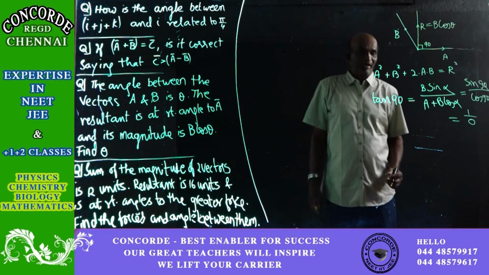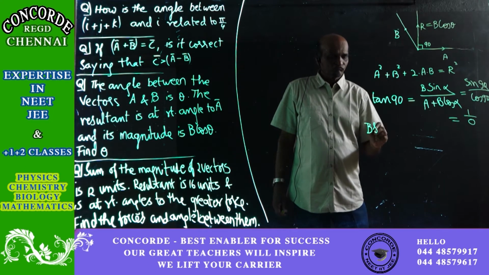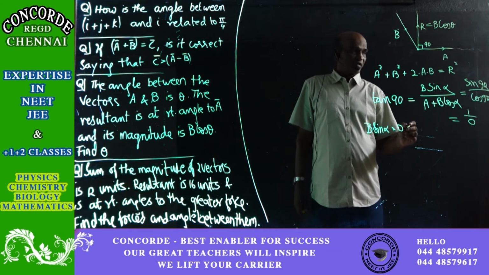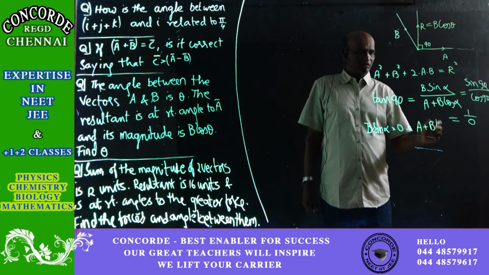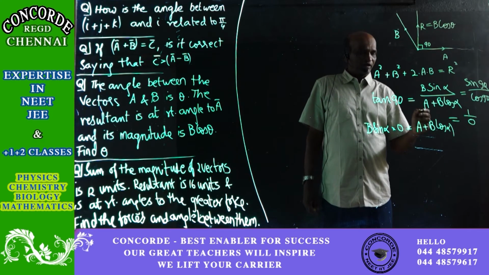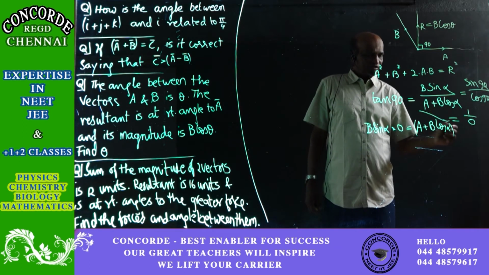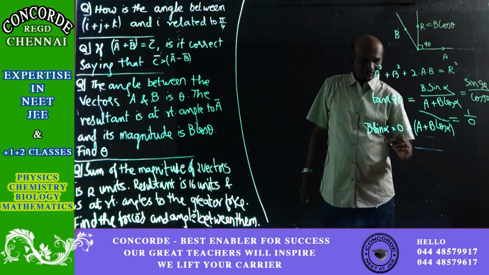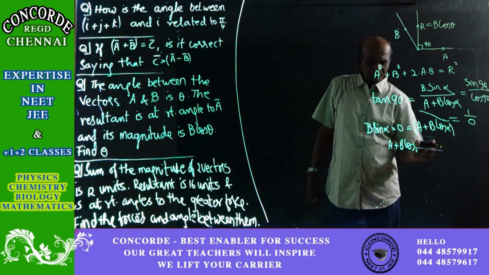So when we cross multiply, then what we will get is that B sin alpha into 0 is equal to A plus B cos alpha into 1, which is A plus B cos alpha itself. So we therefore get the result from here that A plus B cos alpha is equal to 0.